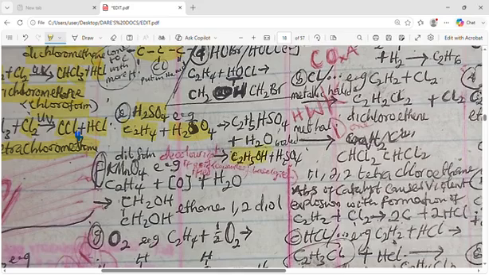If we add H2SO4 to ethanol, we will have ethyl hydrogen sulfate, whereby one H will be removed from this hydrogen sulfate. So that's ethyl hydrogen sulfate. That one H that is removed, you join it with the OH that is here, turn it to water. That was for preparation of ethene. So that's the first step. And then when we decompose ethyl hydrogen sulfate, it will give us ethene, which is this.